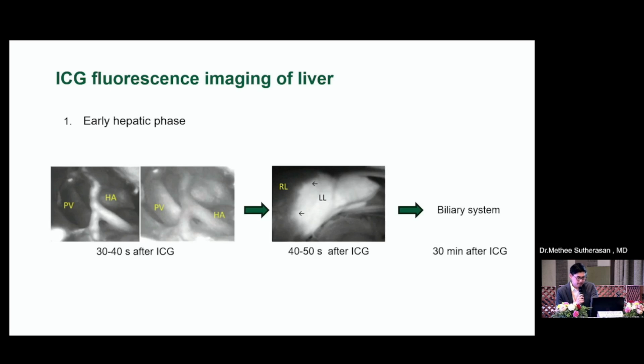In the early hepatic phase, about 30 to 40 seconds after injection, we can detect ICG in the hepatic artery and portal vein. Before 1 minute, we can detect it in the liver parenchyma. Around 40 minutes to 1 hour, ICG will be excreted into the biliary system and can be detected in the bile duct.